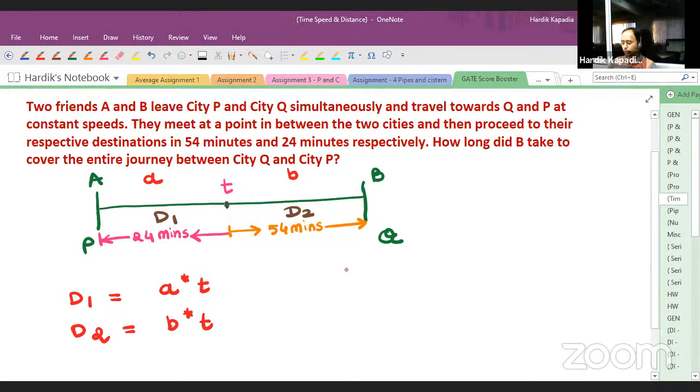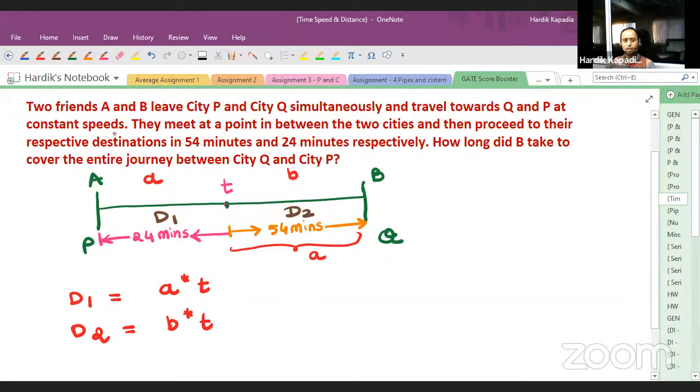Now I can say the speed for this journey of capital A is small a. So the speed is a and time to cover this distance D2 is 54 minutes.